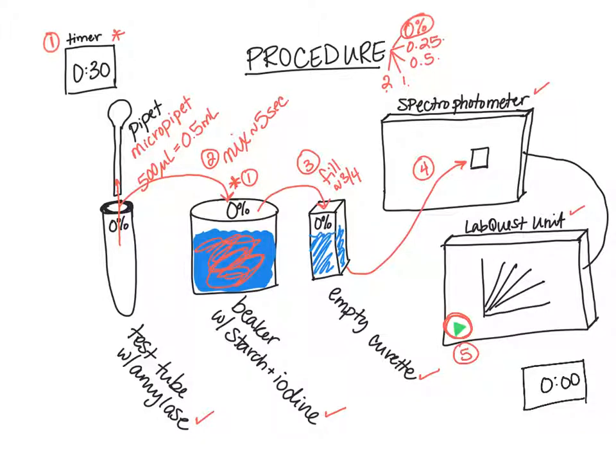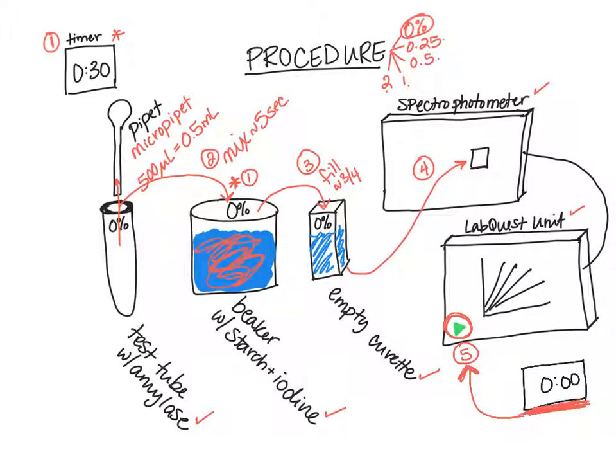All right, so you have to wait until the timer reaches 0 before you select that start button. After you start it, it's going to run the reaction and collect the data for the amount of time that you programmed it to. So you don't have to push anything to make it stop. It should stop automatically based on how you programmed it.